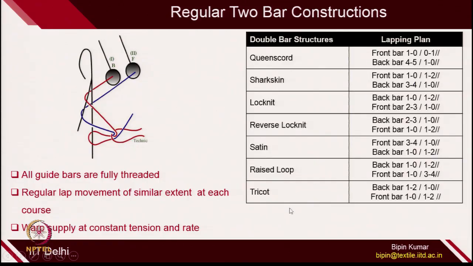Also, we can supply the warp at different tension intermittently during fabric production. If we change any of these three, you will get a different kind of structure, different patterns and different properties of the fabric will come on the surface. Some of these fabrics I have selected for you and I am going to explain them in the subsequent slides.